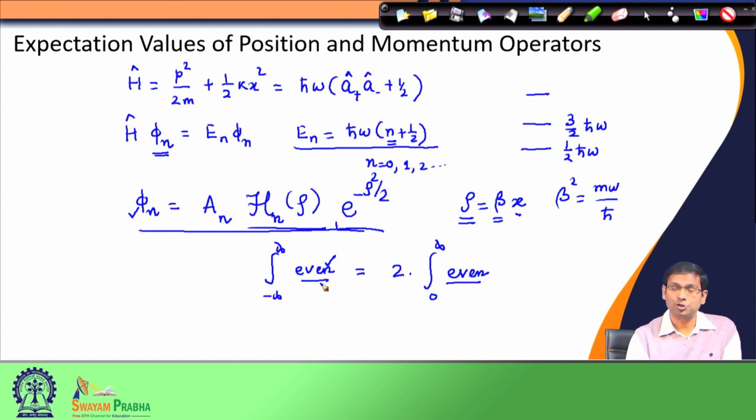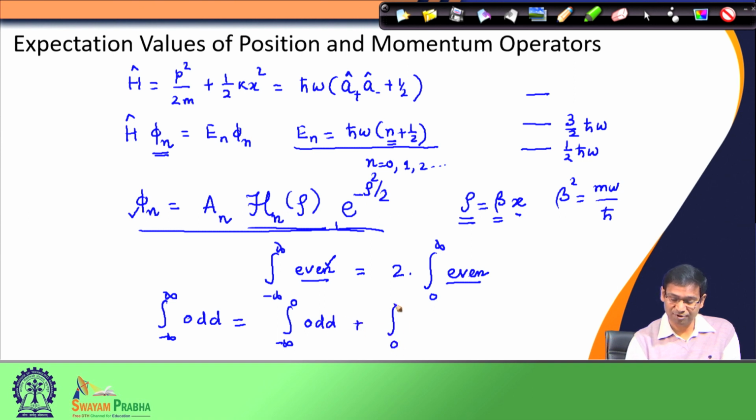What if the function is, instead of being an even function, what if the function is odd? Suppose I have this integral where the function is now actually an odd function. So, here this limit is from minus infinite to plus infinite. I am writing this as minus infinite to 0, the function is odd, plus the same function from 0 to plus infinite.